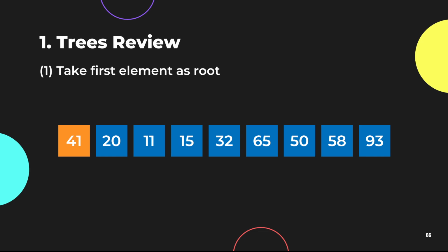Then what next? Then you binary search for the smallest element that is larger than 41. Yeah, then you should get 65.